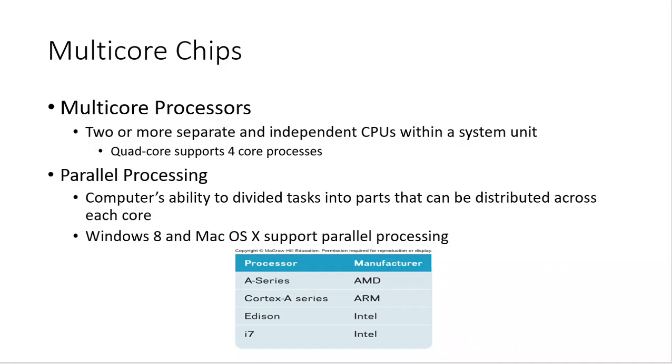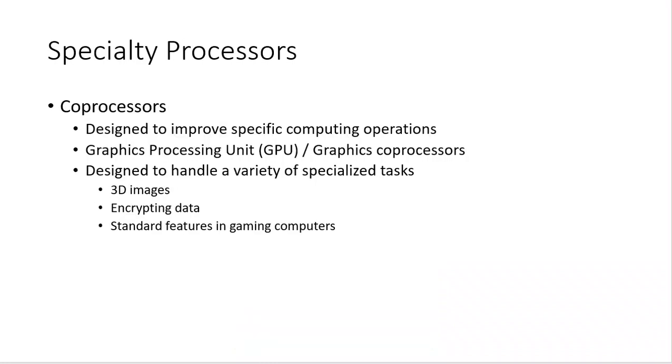So those are the types of processors and their manufacturers. For example, Intel i7, Intel. Cortex A series, ARM. A series, AMD. Specialty processors are co-processors designed to improve specific computing operations. Graphics processing unit, GPU, or graphics co-processors are designed to handle a variety of specialized tasks, for example handling 3D images, encrypting data, and are standard in gaming computers.